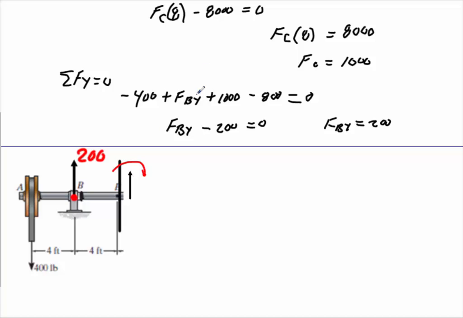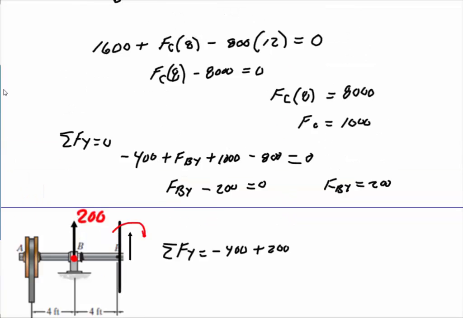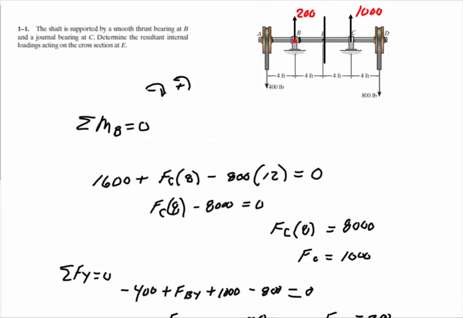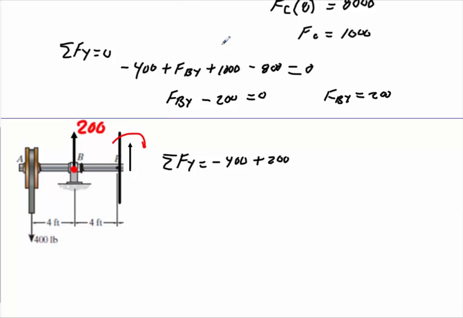So now all you have to do is sum the forces in the y direction. I will get minus 400 going down. I'll get 200 going this way, plus FE. What was that letter? Sorry, I can't read the letter. That's E, sorry, E. Plus FE is equal to 0.